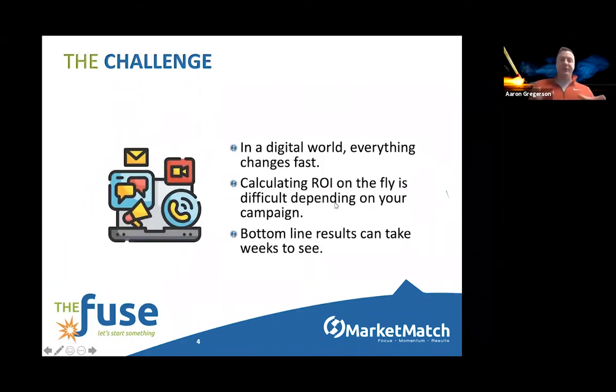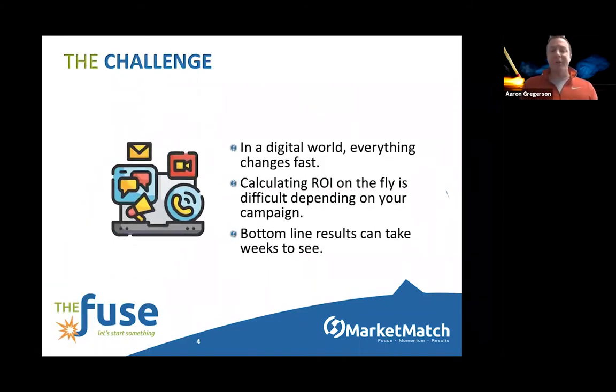So the challenge, of course, here is that, like I said, in a digital world, everything is changing just so fast. And calculating ROI on the fly for digital campaigns is very difficult depending on the campaign that we're looking at. So while it may be very easy to take a look at day-by-day traffic on, let's say, a new account campaign for checking accounts, because we can go in and pull a report to see how many checking accounts were open the day before, compare that to how many clicks we had the day before, et cetera.